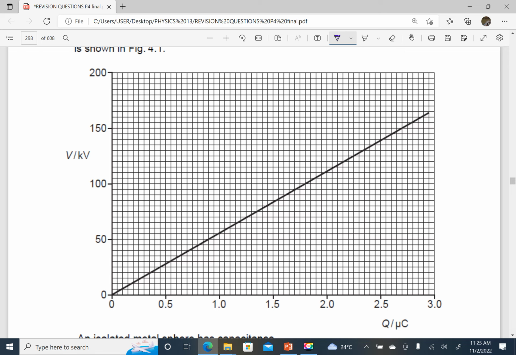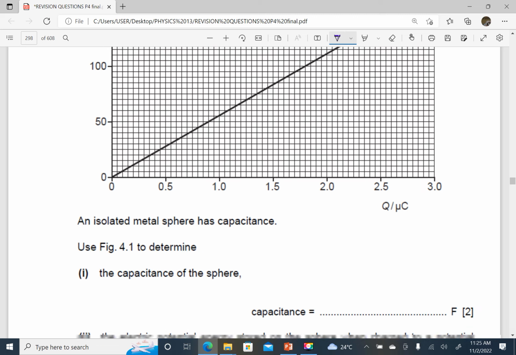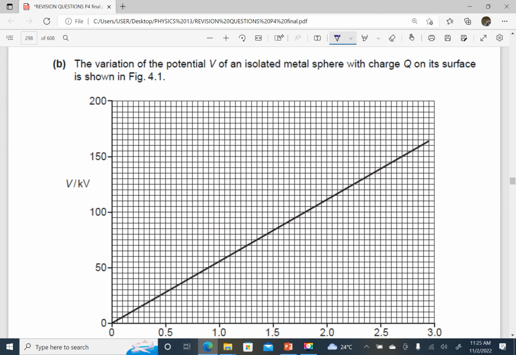So from the graph, we can just take some readings. I'll just take 150. Okay, 150 is at the center here.